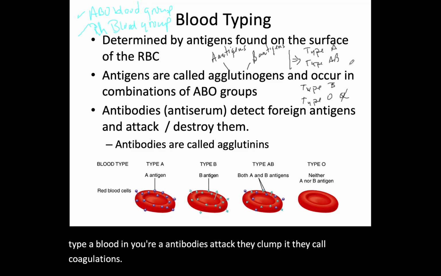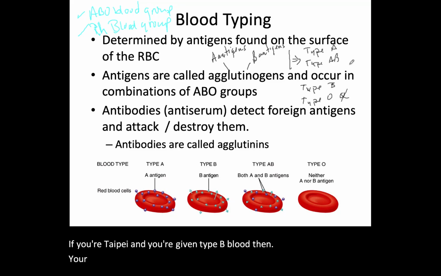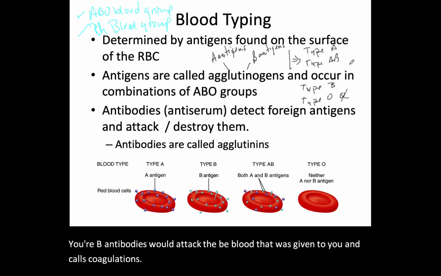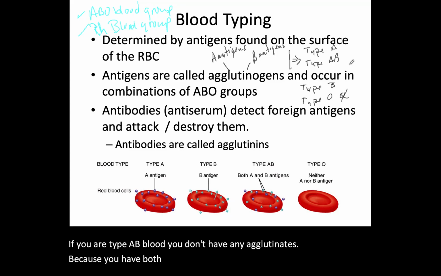If you're type A and you're given type B blood, then your B antibodies would attack the B blood that was given to you and cause coagulation. If you are type AB blood, you don't have any agglutinins because you have both A antigens and B antigens.